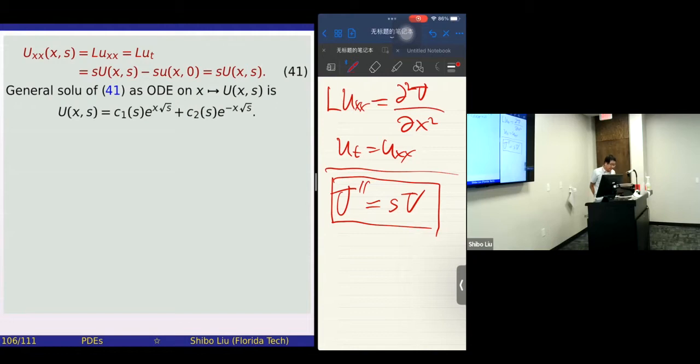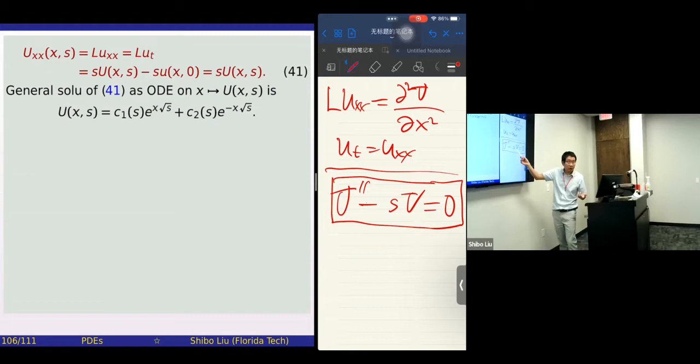Because s is positive, you can consider this as U'' minus sU equals 0. Right? So the general solution of this equation, remember the variable is x.